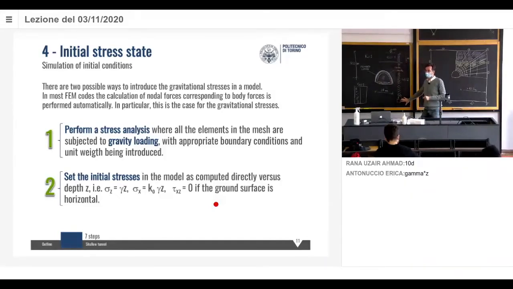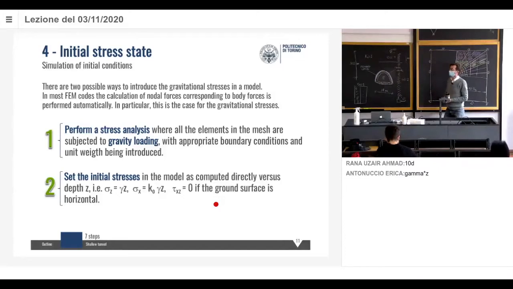We can make an estimation, then check it in the field. That means we can implement into the model an initial state of stress by using method number 2, by simply saying, look, your state of stress is this one. So you assign to each element sigma V and sigma H as you have estimated.